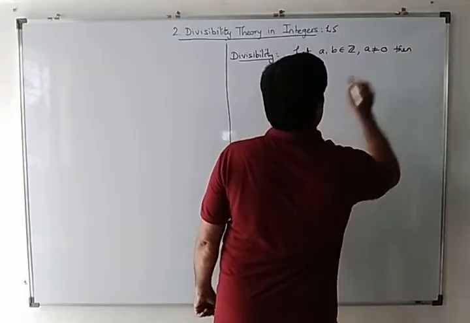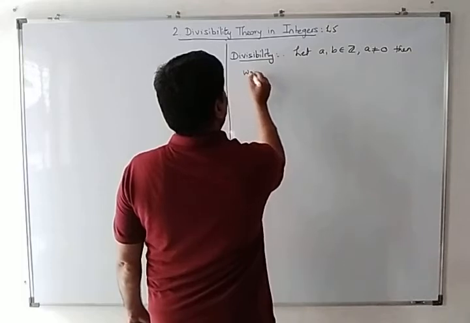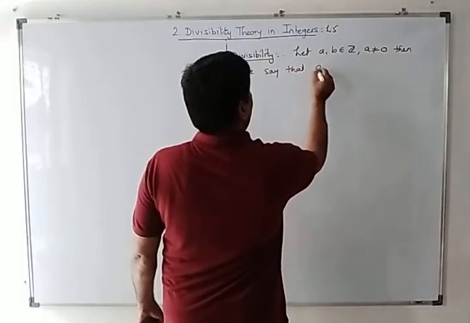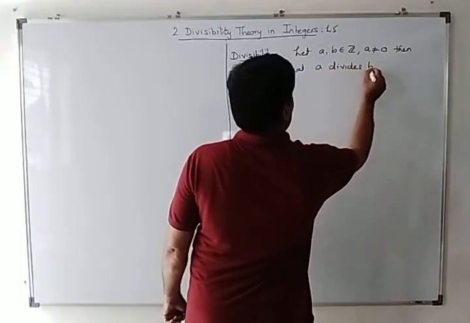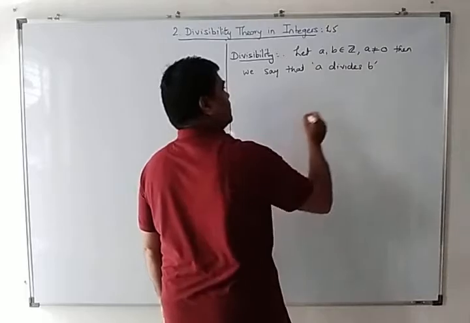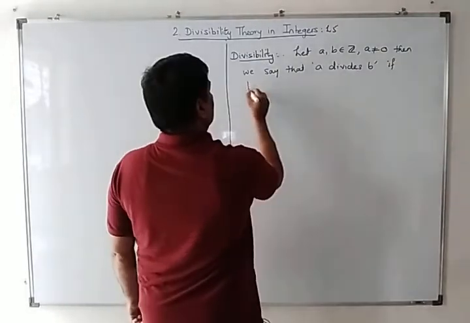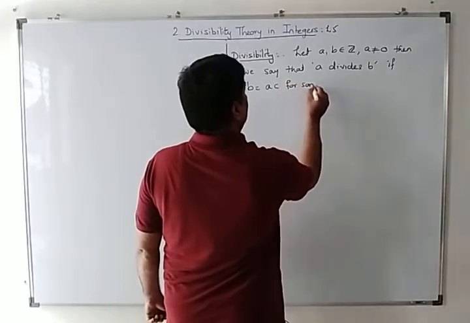Then we say that a divides b if b equals a into c for some c belonging to Z.